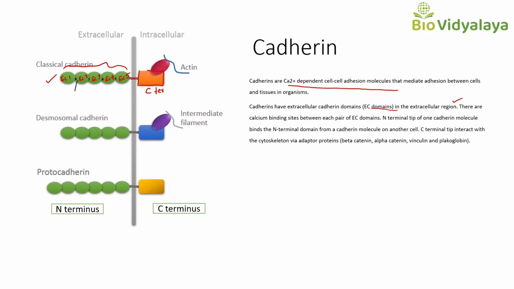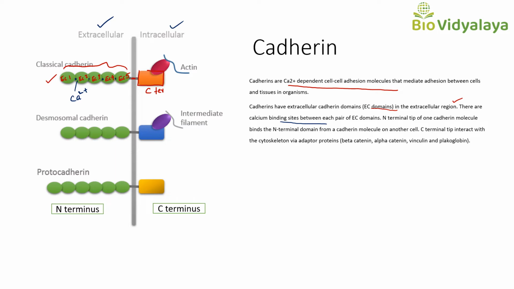So cadherins have extracellular cadherin domains called EC domains in the extracellular region. This is the extracellular region and this is the intracellular region. There are calcium binding sites between each pair of EC domains.